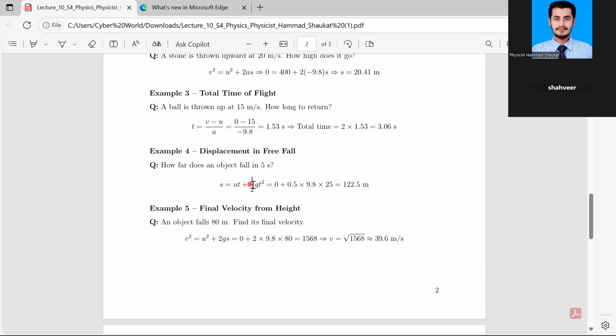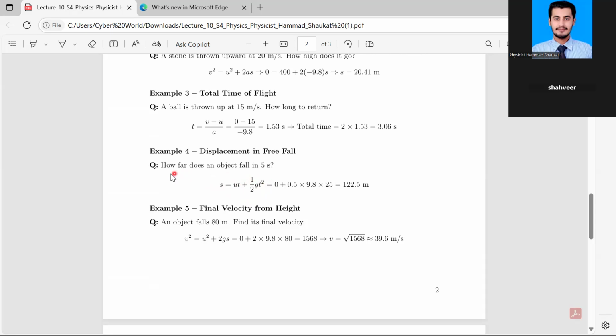The second equation. The time is given, and you know that time is not in the third equation of motion, so that's why you are not using the third equation. You're supposed to use the second equation of motion, which is s equals ut plus 1 by 2 at square, or you can take gt square, because a and g are both the same, both are accelerations. So you have to use this.